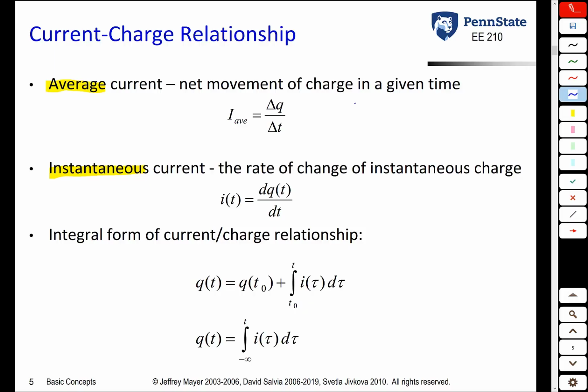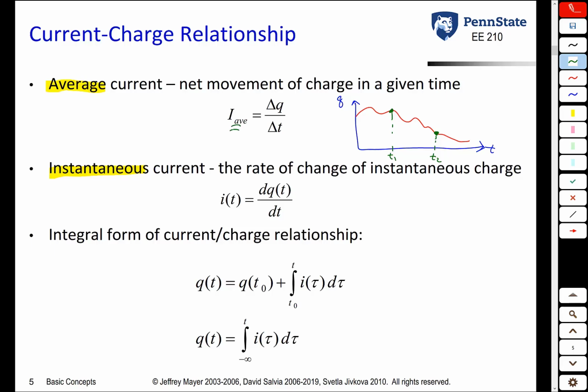So suppose you have a plot here of charge versus time. So maybe the charge looks something like that versus time. When you're talking about average current, you are concerned about two different points in time, maybe time t1 and time t2. So at t1, the charge might be that. At t2, the charge might be that.